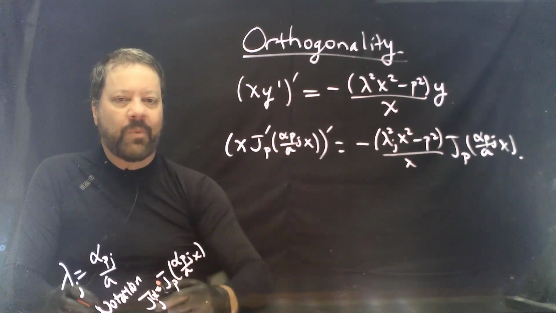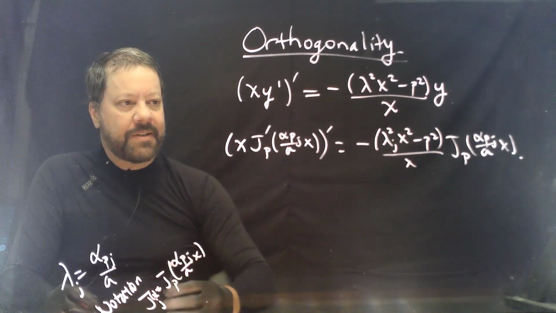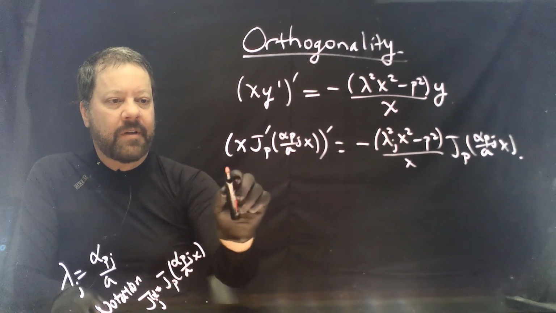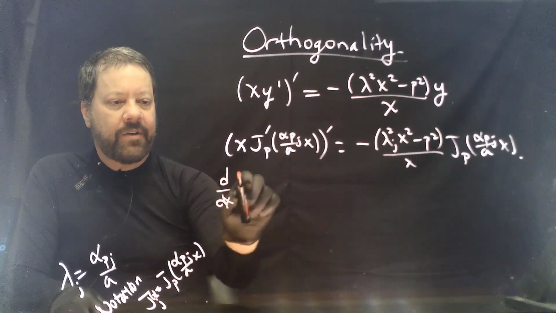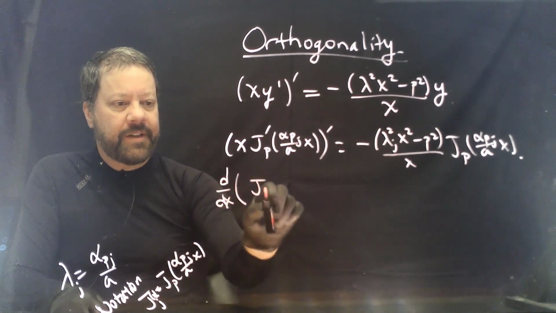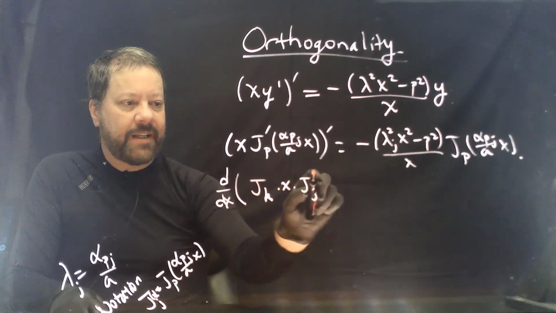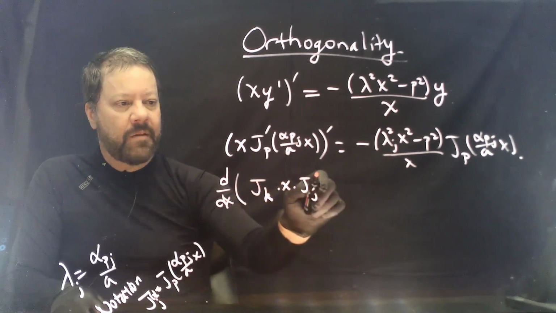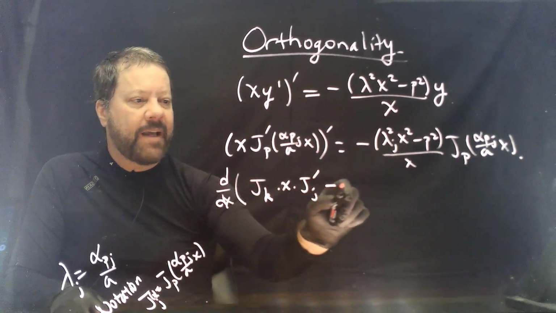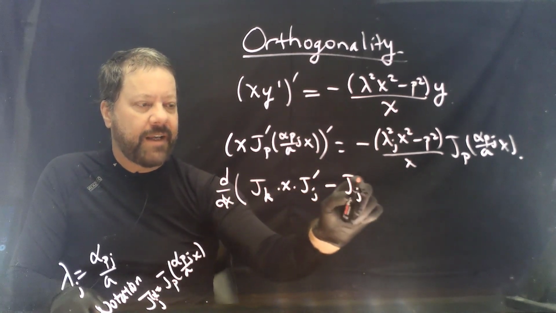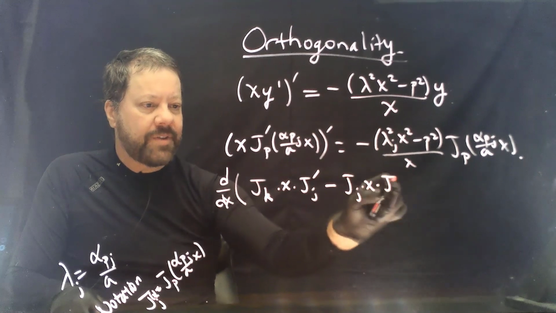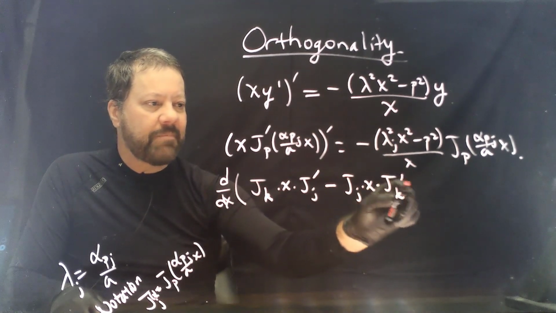That'll give us a simpler way to express these things. So I'm going to look at the derivative of J_k times x times J_j prime minus J_j times x times J_k prime.